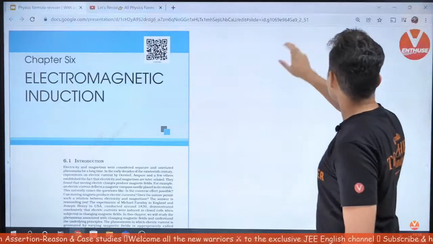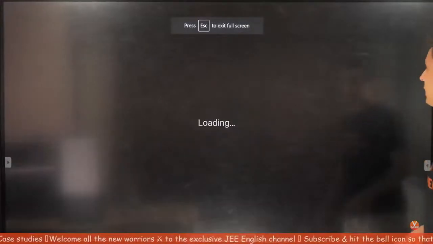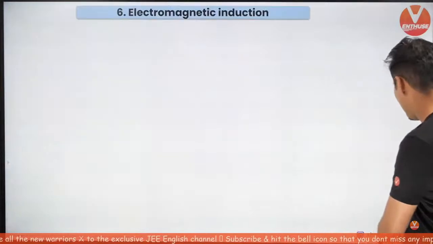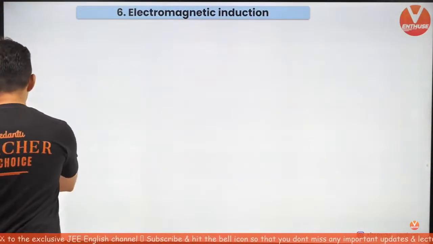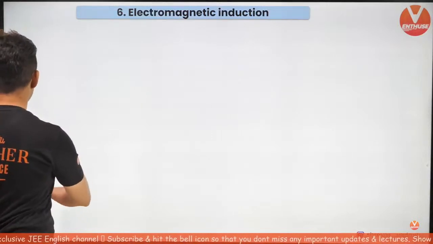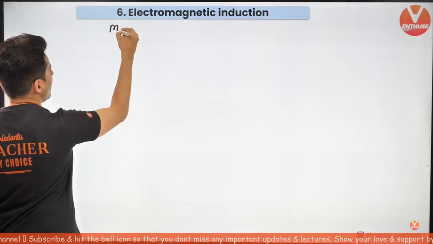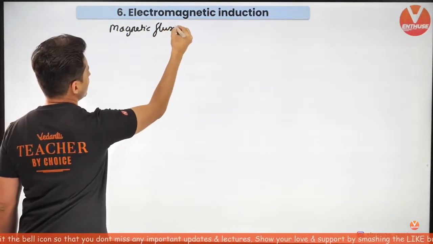Okay, so yes, we have electromagnetic induction, right? So in EMI, what are the important formulas that we need to remember? We start with Faraday's law, of course. Let's write it down. Before Faraday's law, I think we should talk about magnetic flux.